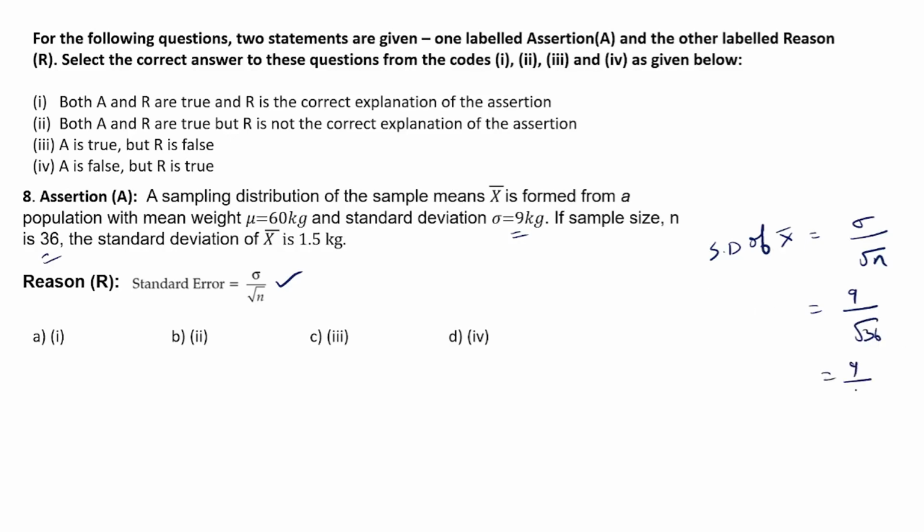Root 36 is 6, so it is 9 by 6, which is 3 by 2, or 1.5 kg. So the standard deviation of x bar is 1.5 kg. The assertion is true and the reason is true, and R is the correct explanation of the assertion. So the correct option is option A.